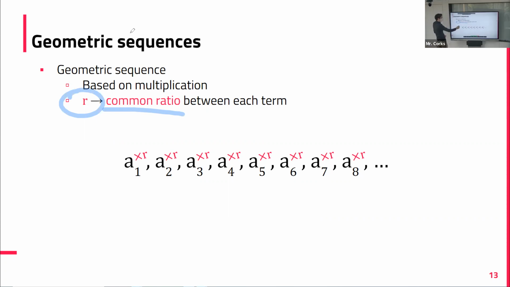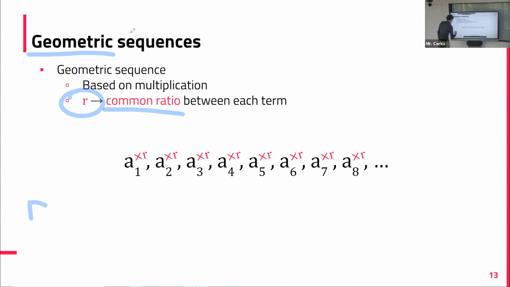The R value needs to be the exact same thing each time. If it's not, then it is not this special type of sequence, which we see very often in lots of practical applications, with lots of useful formulas that we can know for this. So it's useful to identify.